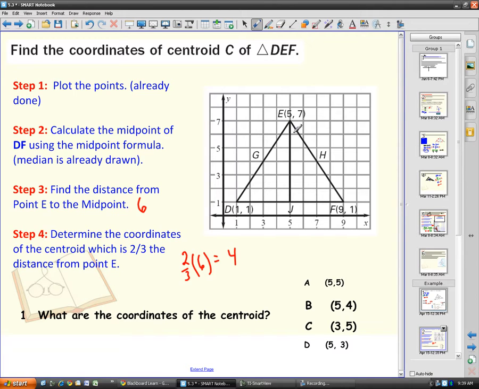I just need to find the address, which would be 5 over, 1, 2, 3 up, which would be D down here. Okay, so same thing we've been doing, just looking at it a little differently.